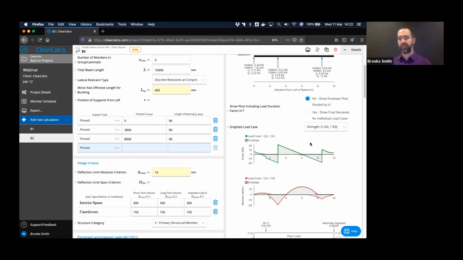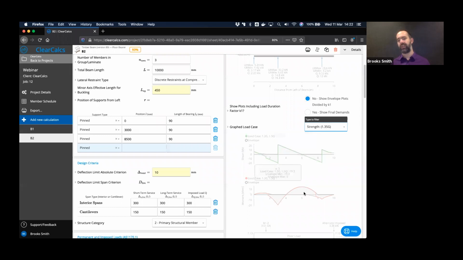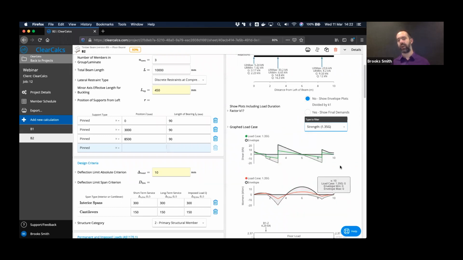So this is now showing you all of the load cases. And because it's comparing to the same capacity, you now have one capacity because K1 is removed from the capacity. You can now meaningfully see an envelope of what all of the different load cases are. So for example, I can see that 1.35 G load case is less than the maximum envelope here.